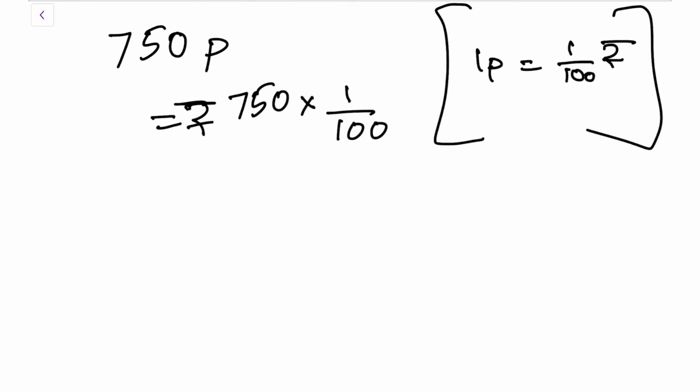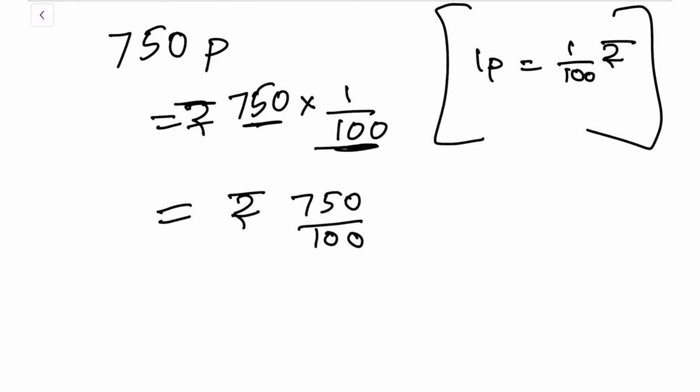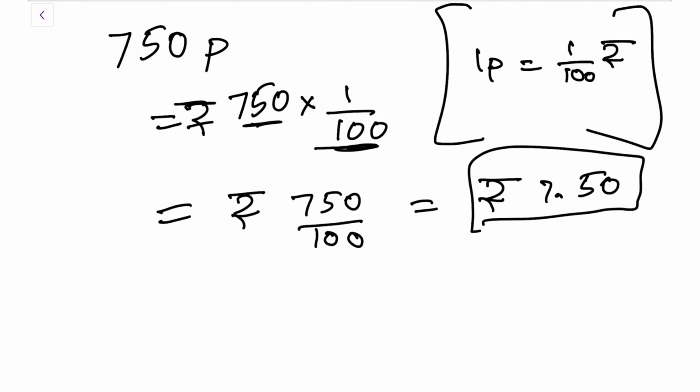So 750 paise will be 750 into 1 by 100, and this will become what? 750 by 100, which is nothing but 7.50. This is how you use decimals in metric measures.